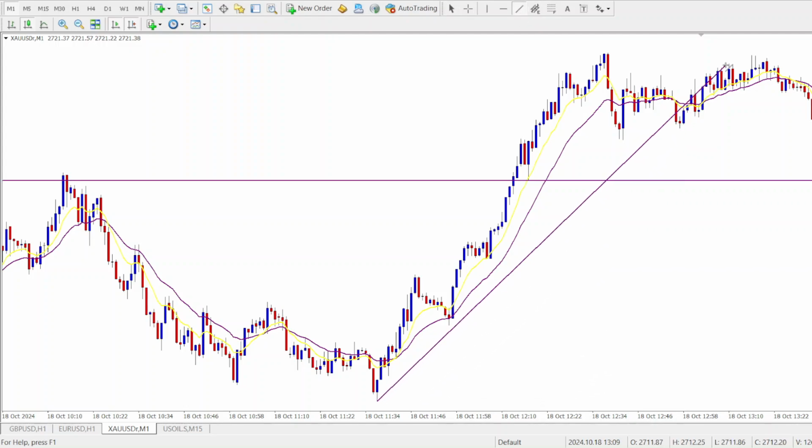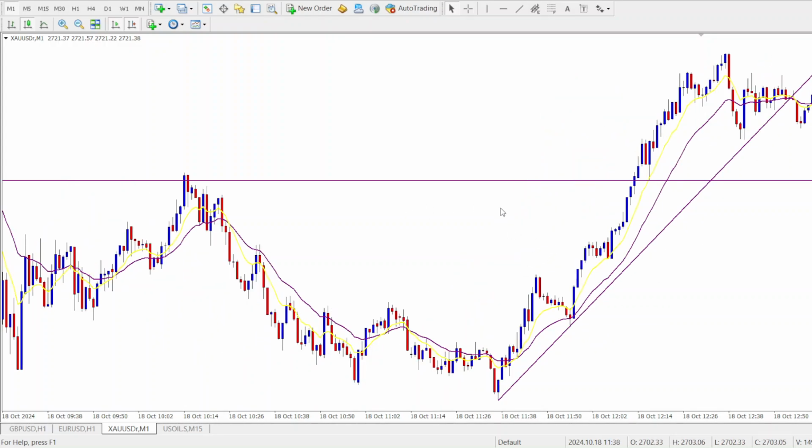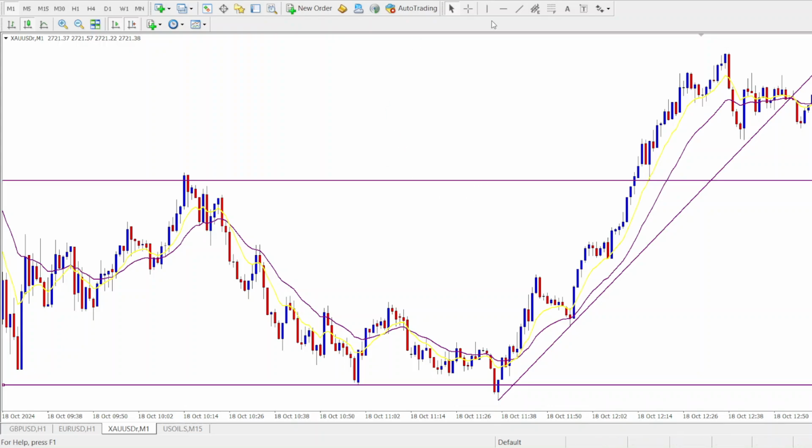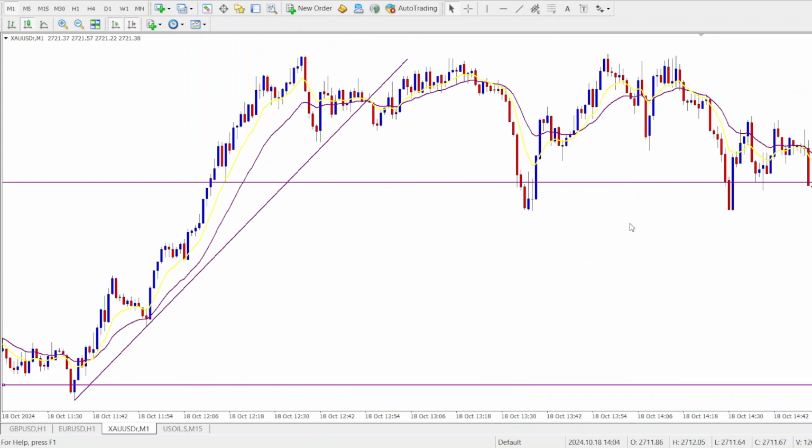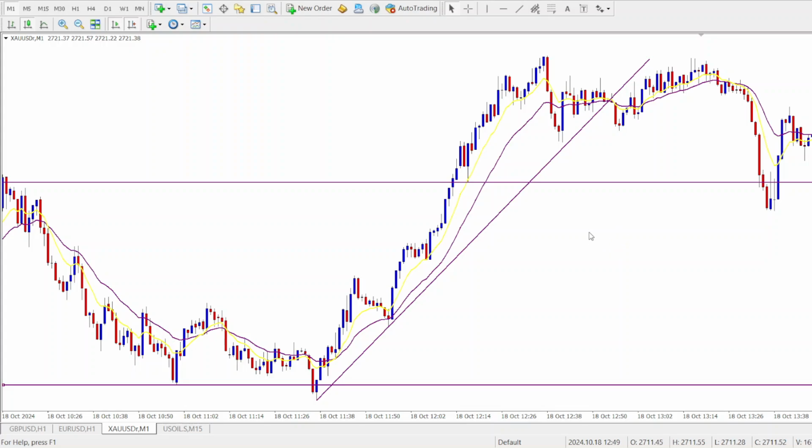You can also use other indicators, RSI, stochastics, MACD, and the rest of them for extra confirmation. Make sure you use support and resistance lines so you can identify potential reversal zones, potential continuation zones, and potential zones for entry and exit. That will add extra confirmation to the signals given to you by the moving averages.